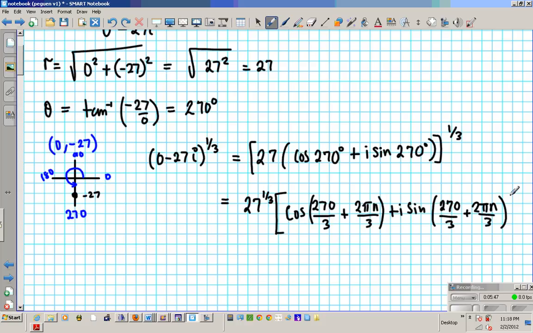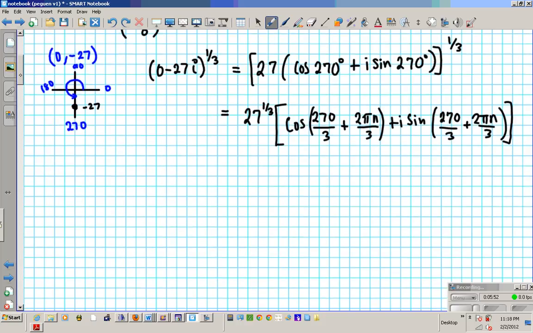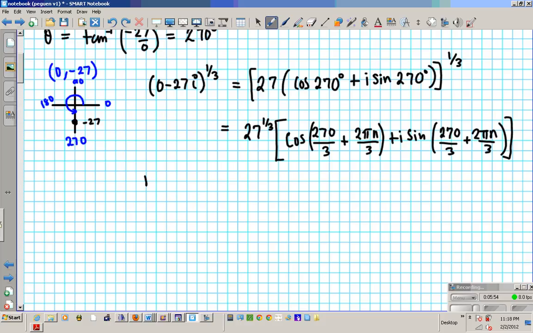Close that, and close that. What is n? Since we have the 3 cube roots, we're going n equals 0, 1, 2. Well, let's simplify this a little bit further first before we start doing the different iterations. So 27 to the 1/3 is the same thing as the cube root of 27, right? The cube root of 27.